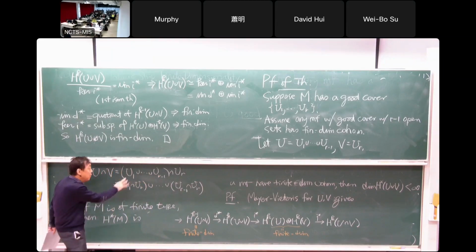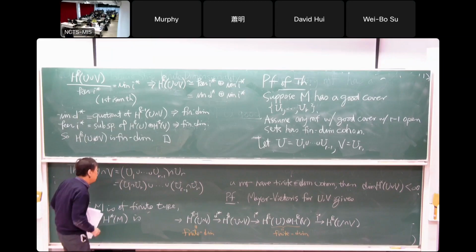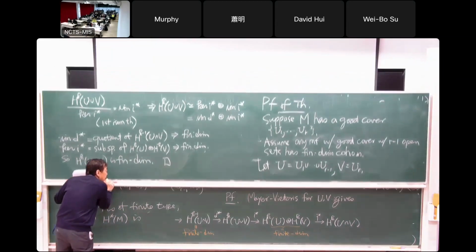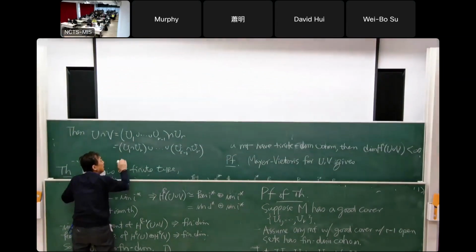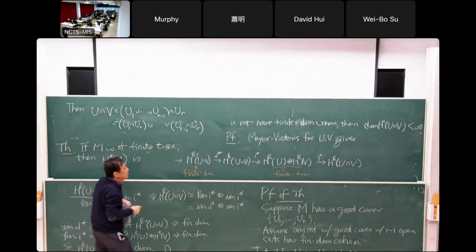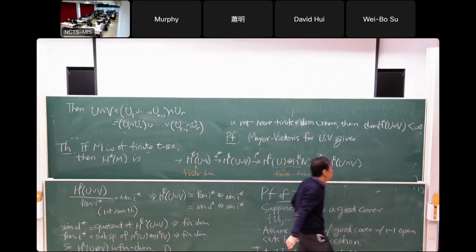These are all diffeomorphic to Rn, so this is a good cover with r minus 1 open sets.